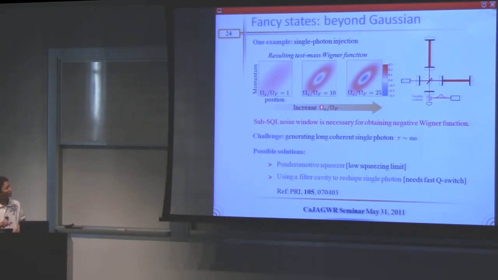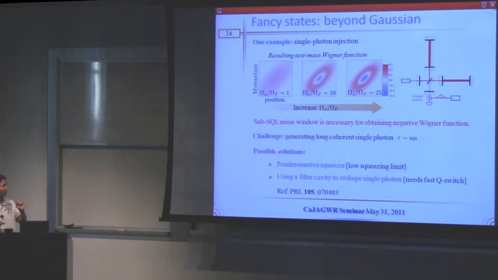If you make the window size larger and larger, then you start to see the Wigner function become negative. For 10, you see the negative Wigner function. This is completely non-classical, because the Wigner function, which is like a probability distribution for your position and momentum, becoming negative cannot be explained classically.